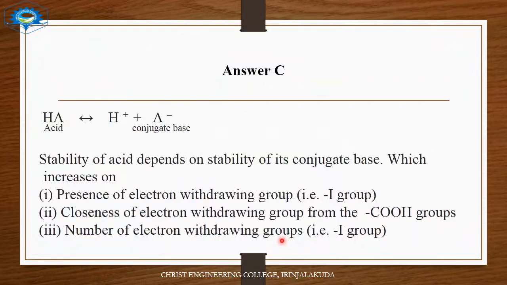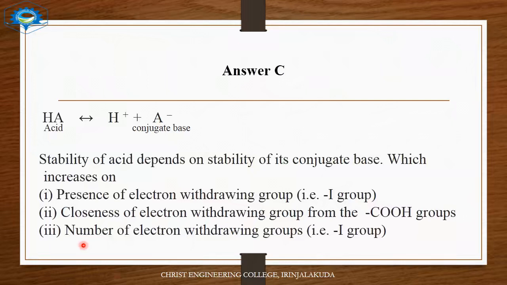Then the number of electron withdrawing groups is another factor. If the number increases, acidic strength increases. So combining these three factors, if more electron withdrawing groups are there, that acid will be stronger.